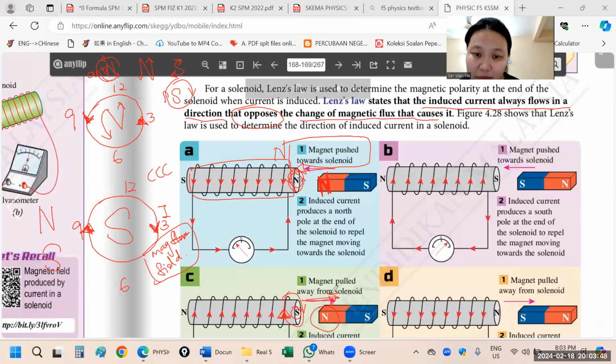Then when you pull out the north, the current flows clockwise and it becomes south. Or you can remember it another way: if north goes in, it becomes north because of repulsion. Then when north goes out, it becomes south, to attract the north back.